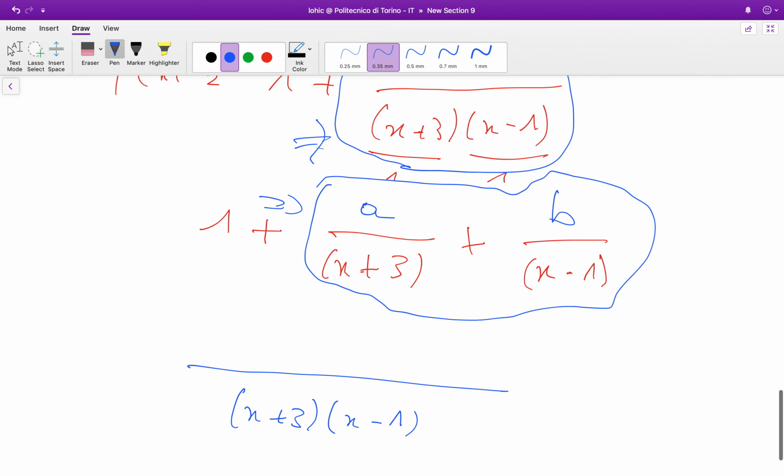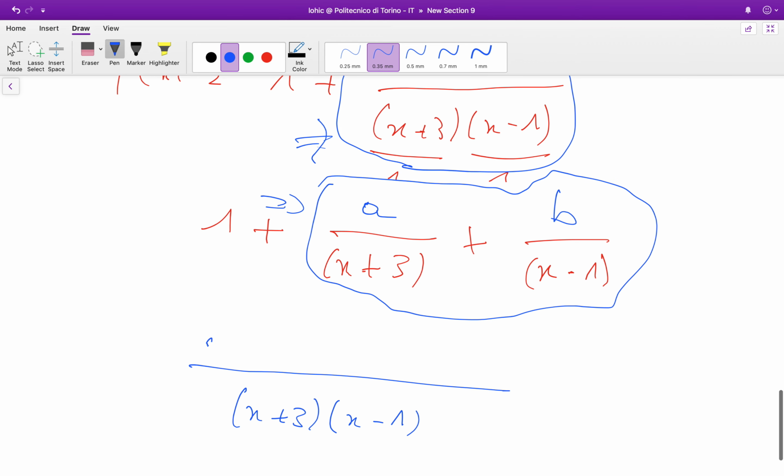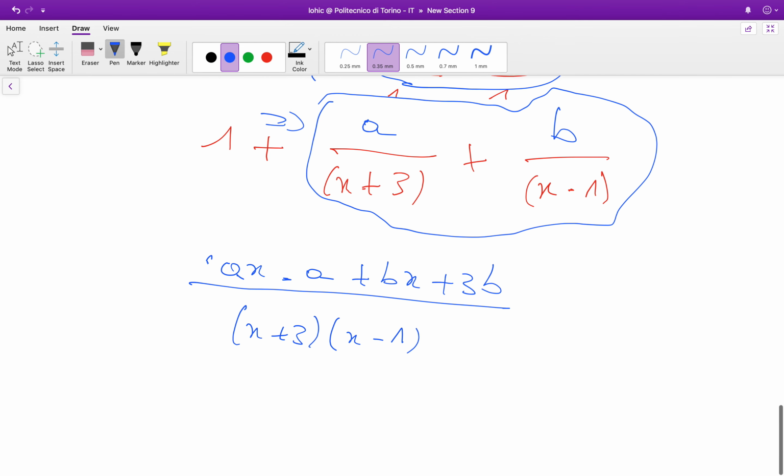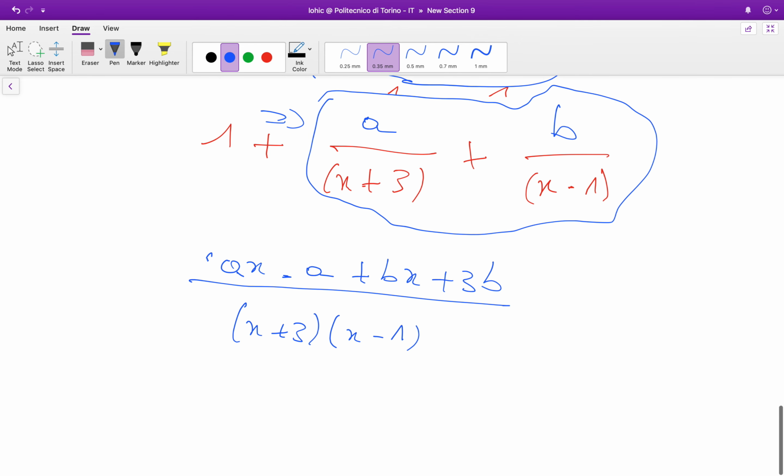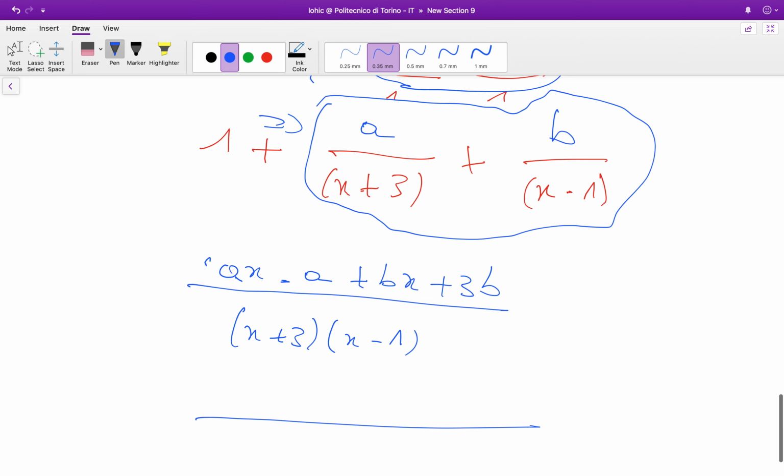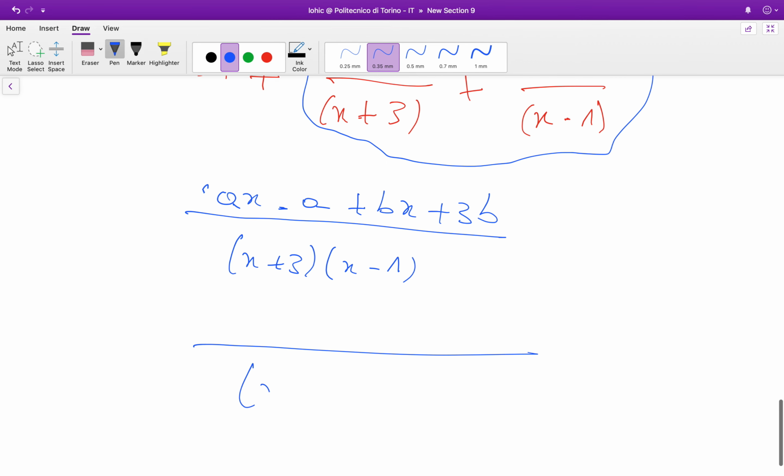Then we'll have ax minus a, then plus bx plus 3b, right? And finally you can summarize like this, over x plus 3 into x minus 1.